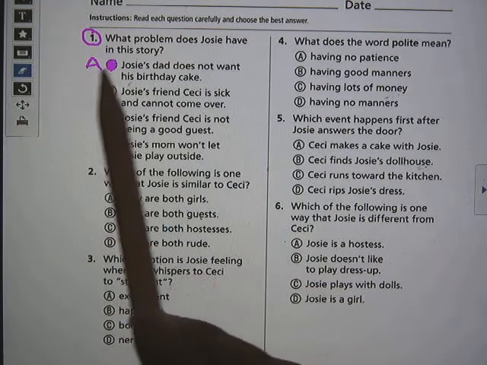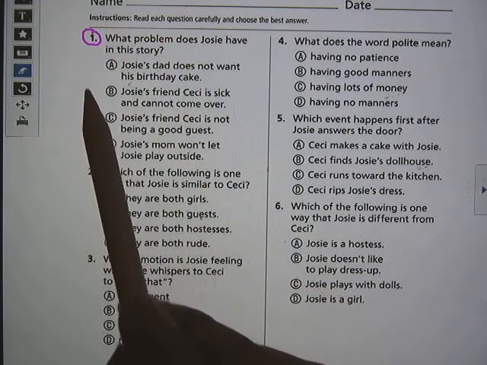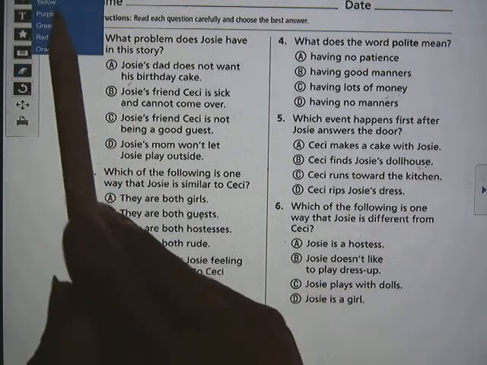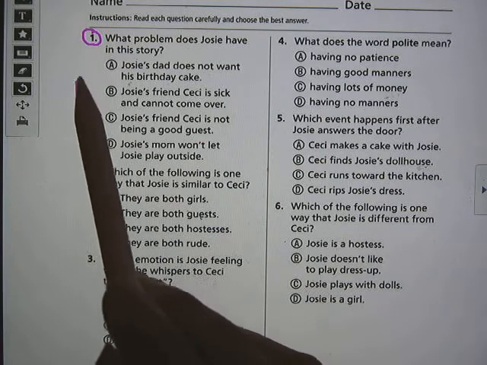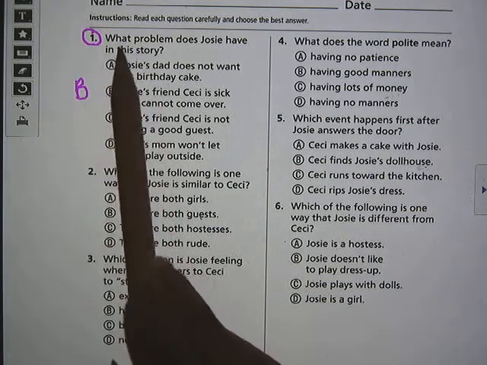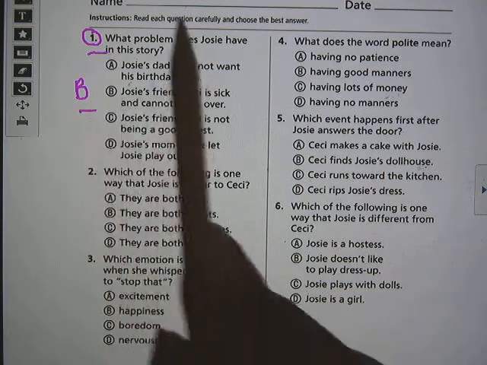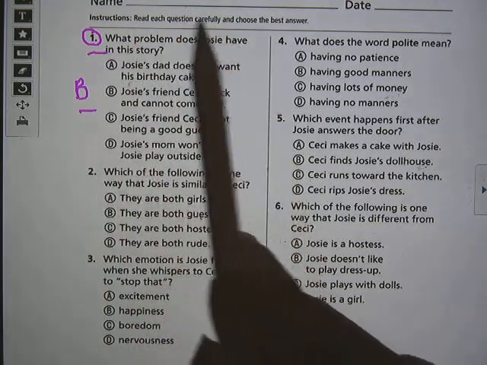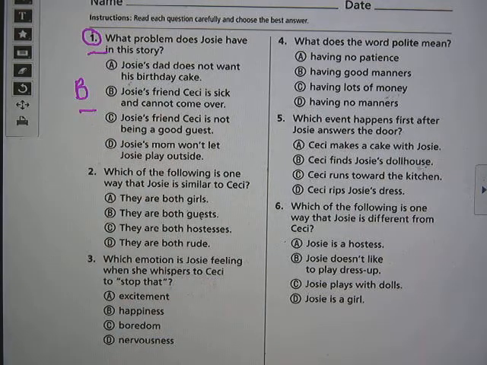If you don't think it's A, then you would still write 1, and then you could write the letter B. Whatever one it is, you're going to write the 1 and then write the B. You do not need to write all of this. I do not expect that at all. Please do not do that. It will take too much time.